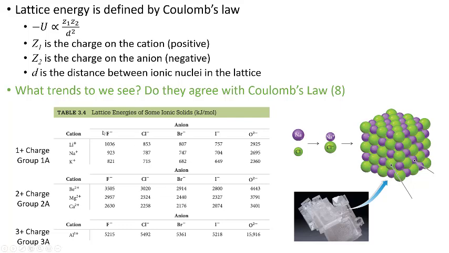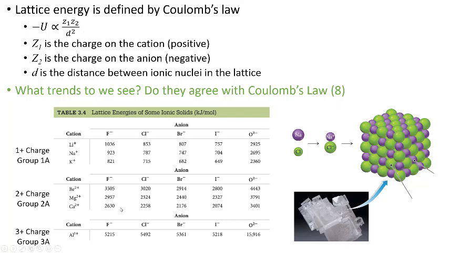But if we incorporate a doubly negative charged oxygen, we see the lattice energy jump up dramatically. And this is the case with all of our different cations. So this shows that when we increase this Z2, we see a great increase in our lattice energy.